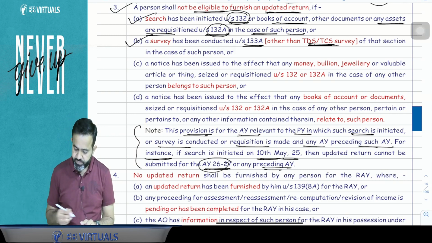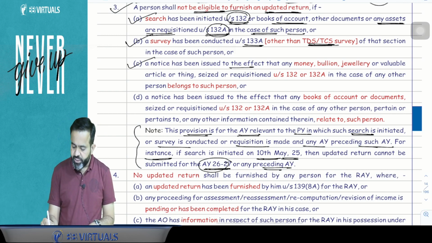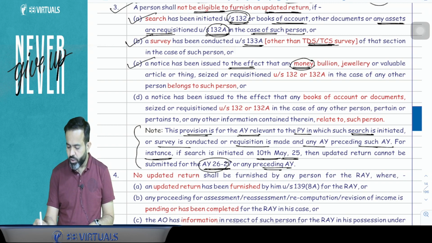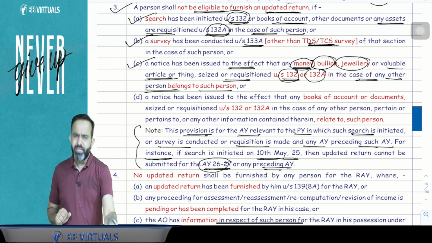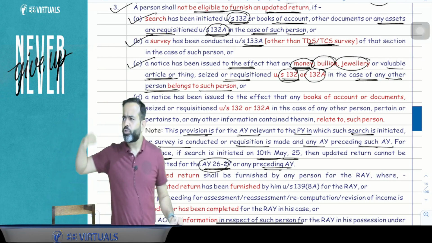Or the third part: a notice has been issued to the effect that any money, bullion, jewelry or valuable article or thing seized or requisitioned under section 132 or 132A in the case of any other person belongs to such person. What is the meaning of that? I will tell you. Suppose a raid is conducted in the case of any other assessee.